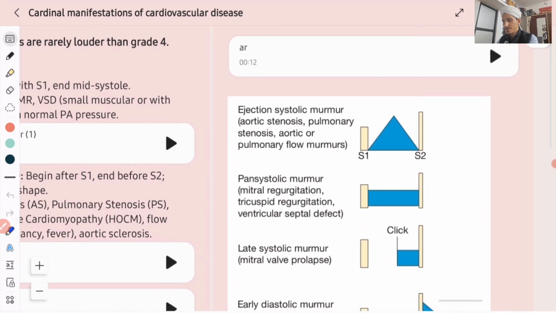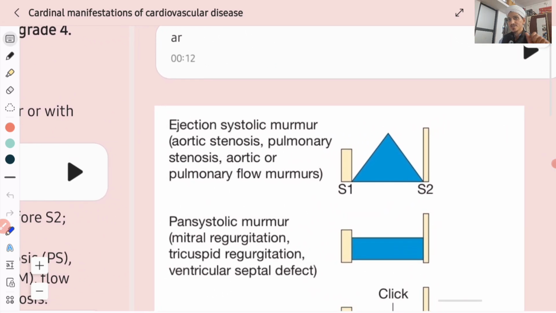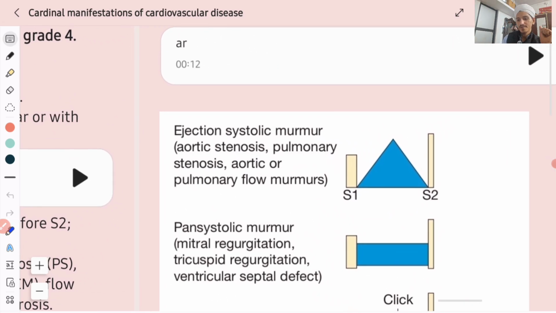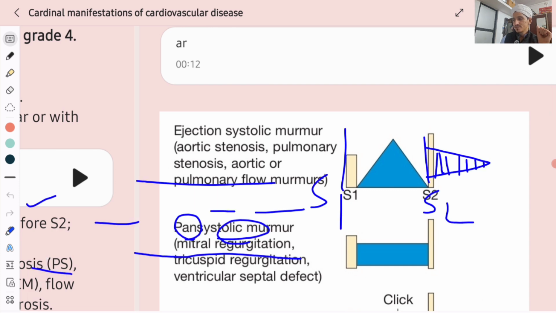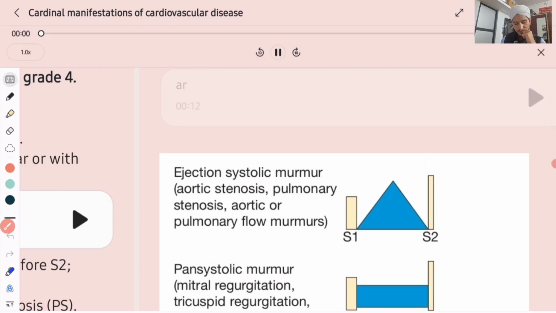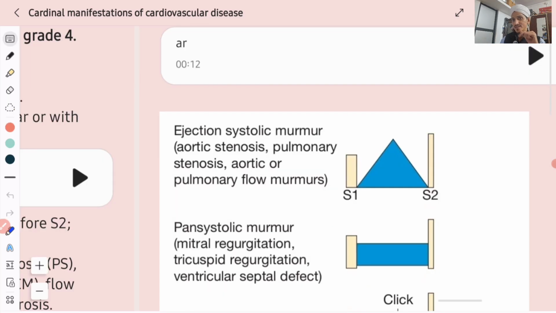So this is the murmur of aortic regurgitation, early diastolic murmur. One more time, notice S1 is differentiated, S2 you can also make out, and the murmur also you can make out.